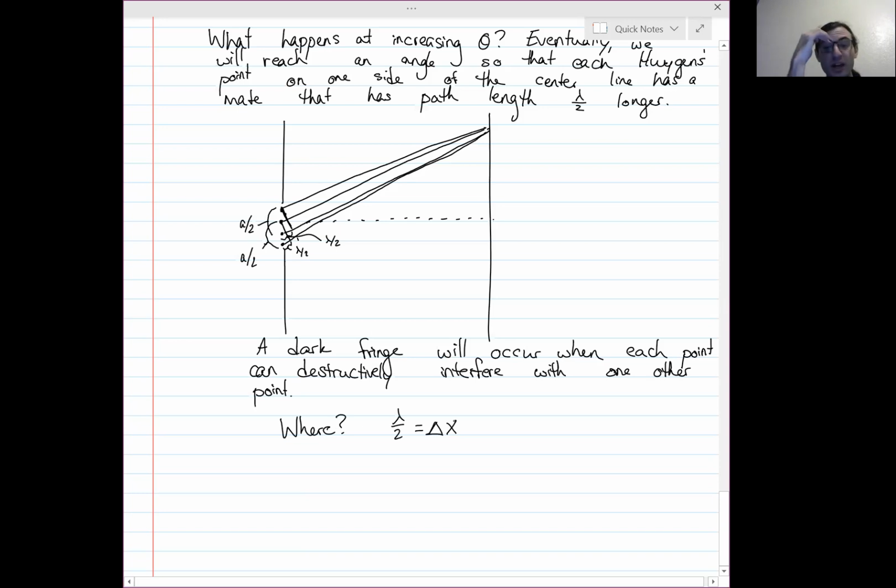So that means that we need the distance between the points, i.e. the distance between the points that are destructively interfering with each other, to be a over 2 in this case. Sorry, the path length difference, which is lambda over 2, is just the distance between them times sine of the angle, as is tradition. So this is equal to a over 2, the distance between those points, times sine theta. And I'll give more explanation as to where this a over 2 came from, by the way.